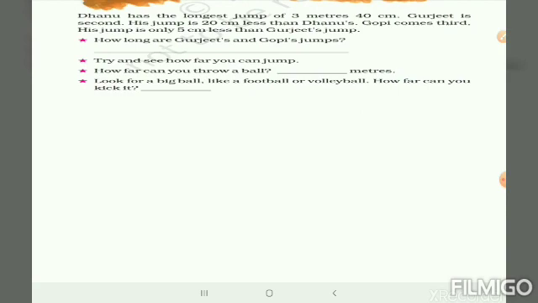That means Dhanu is first. And how long is his jump? 3 meter 40 centimeter. Gurjeet is second.